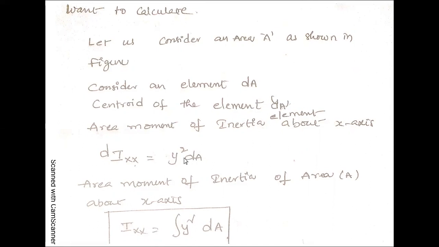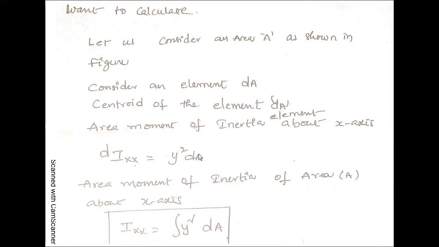In the last diagram we saw the distance between the x-axis and the element is y, so it is y square into dA. This is the moment of inertia of the element.